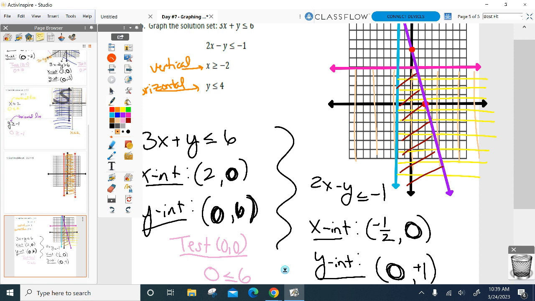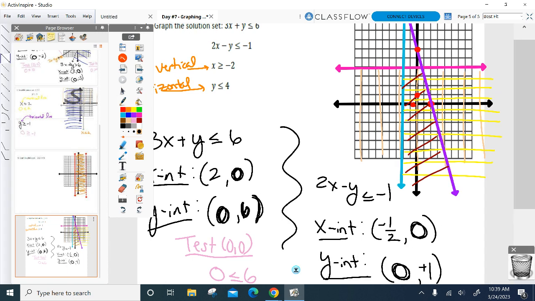Okay, so -1/2 on the x, +1 on the y. Solid line coming in. I'm running out of colors. What haven't I done yet? I haven't done green yet. All right, yeah, I can do a green line.